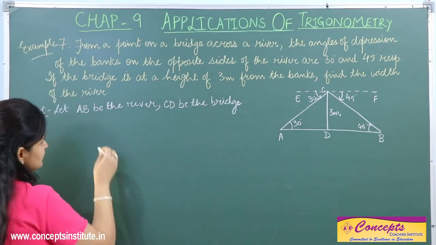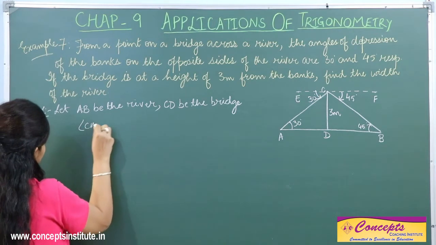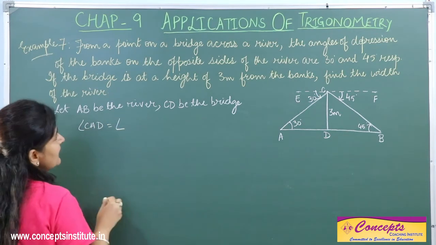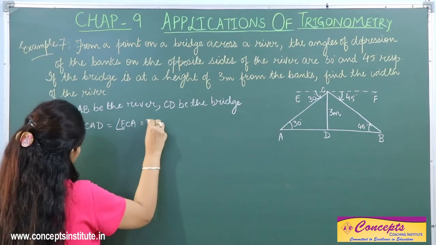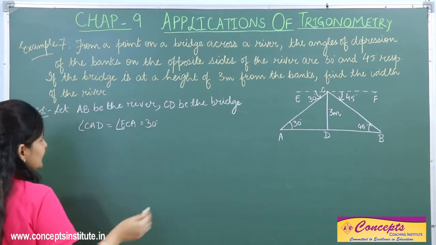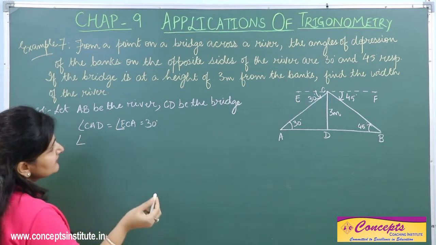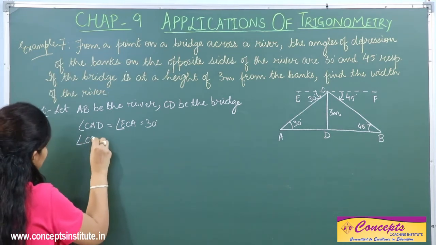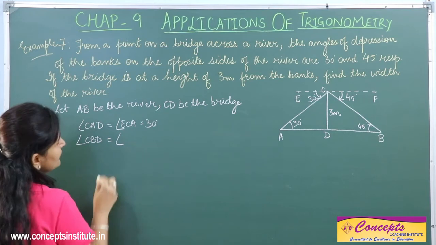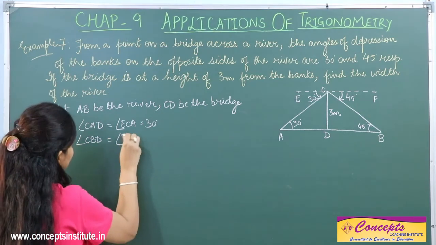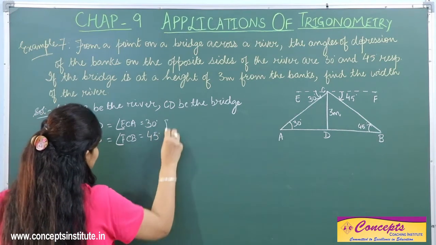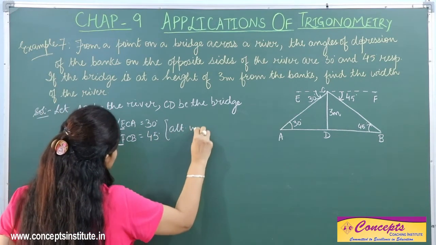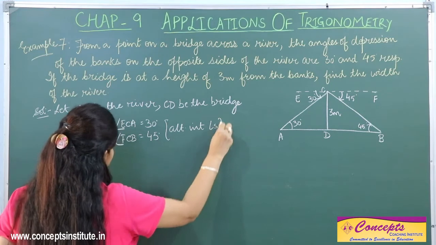Now angle CAD is equal to angle ECA. So both these angles are 30 degree, and I am going to write about the angles on the other side as well. That is, angle CBD would be equal to angle FCB, and both these angles are 45 degree, because these are alternate interior angles.